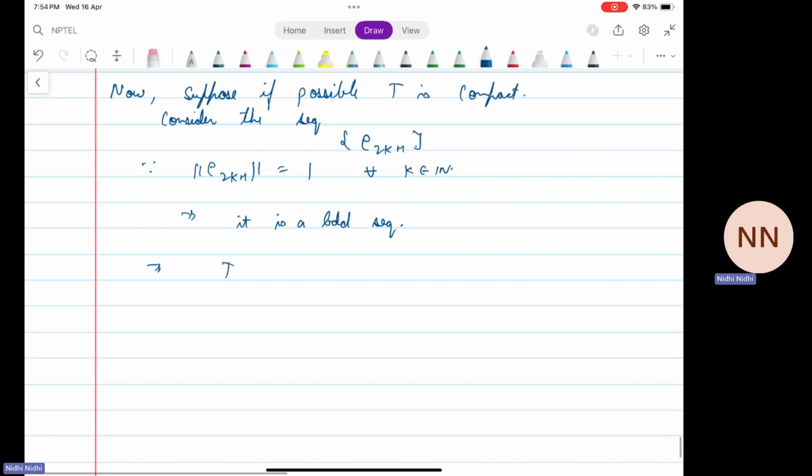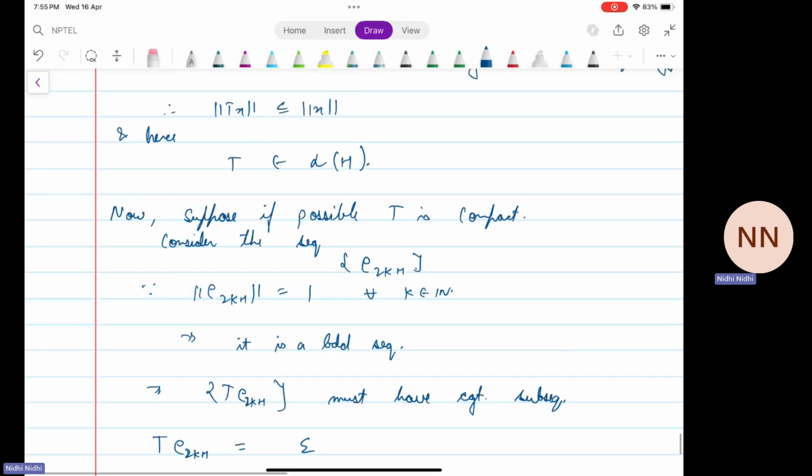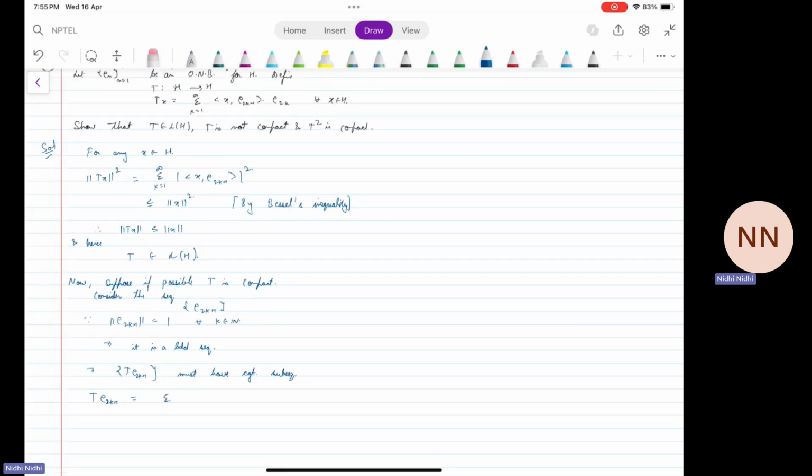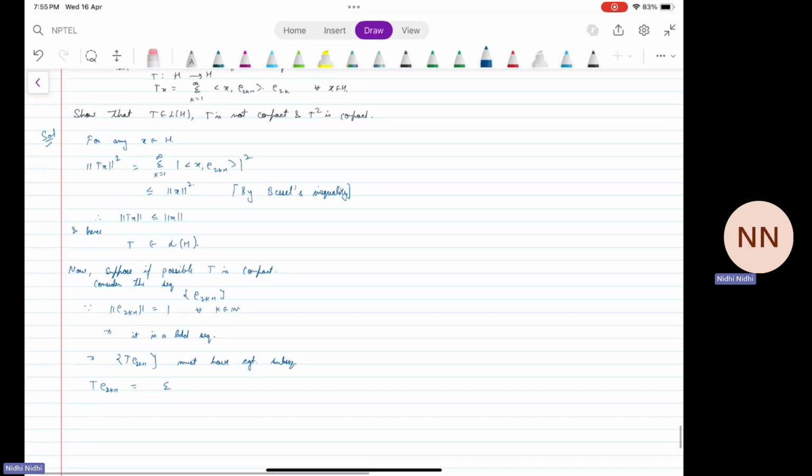Now let's see how this T e_{2k+1} looks like. By definition, this is equal to the summation. The inner product of e_{2k+1} with e_{2n+1} for any n not equal to k will be 0, because this is orthonormal and hence orthogonal as well.